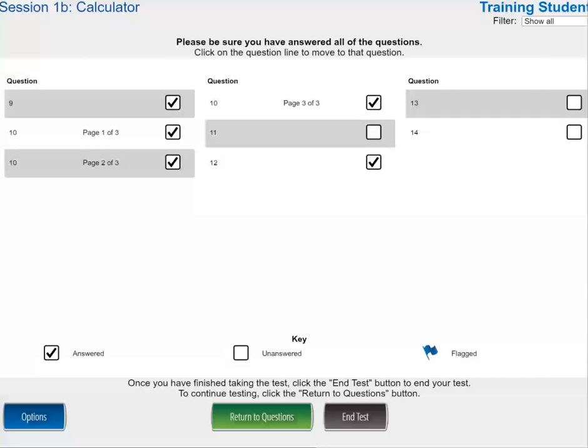I will give you a link in the show notes to this website and the username and password so that you can go in and practice these yourself and with your students so they can get a hang of what this test looks like, what it feels like, and how they could use that Desmos calculator.